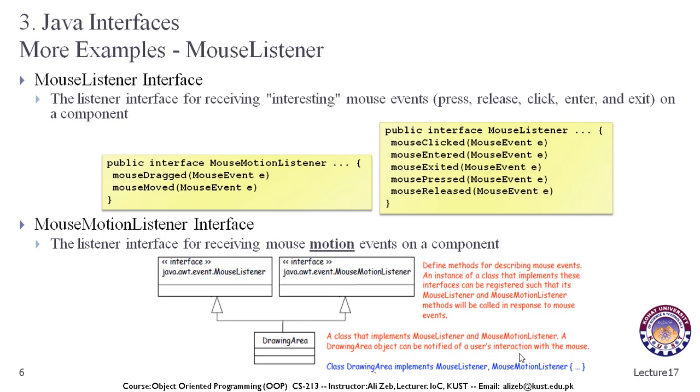So for example, when a user clicks on a component on our screen, there should be a response that is implemented in the drawing area class, because the drawing area class is implementing these mouse listener and mouse motion listener interfaces. We will see other interfaces when we study graphical user interface, or GUI, programming in our future classes.